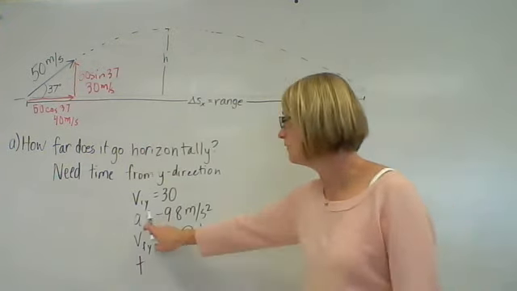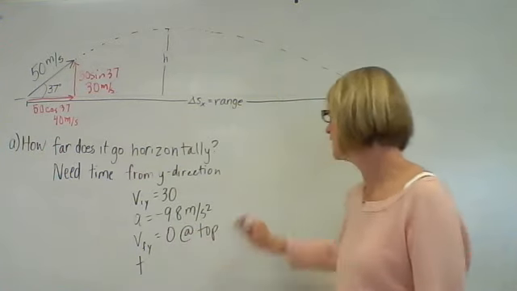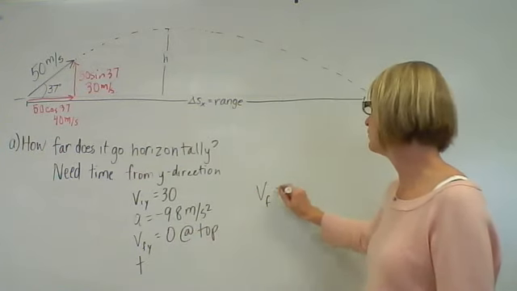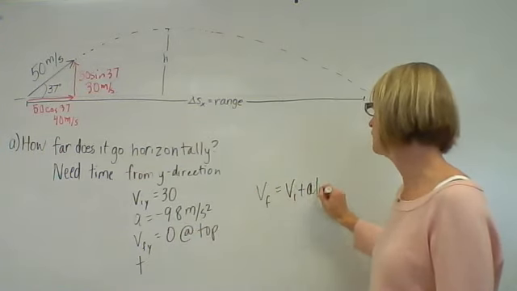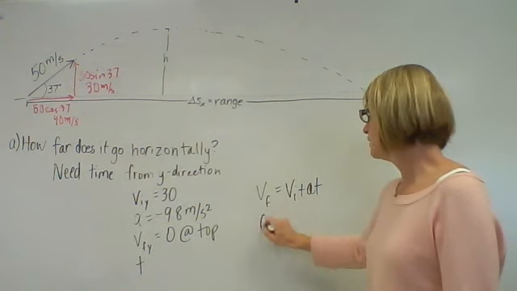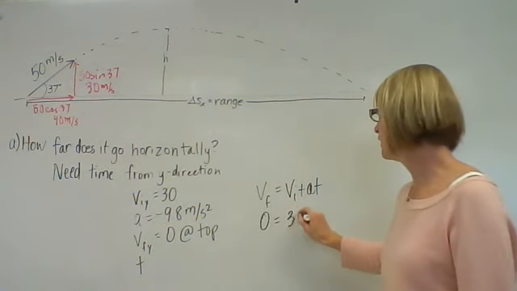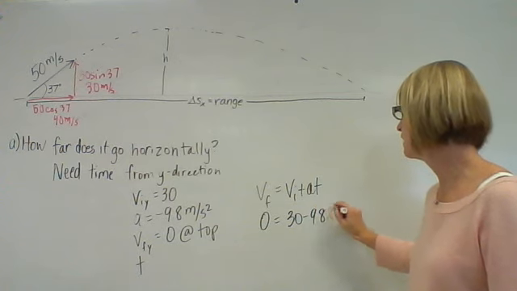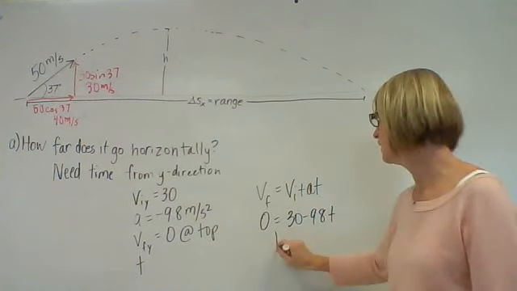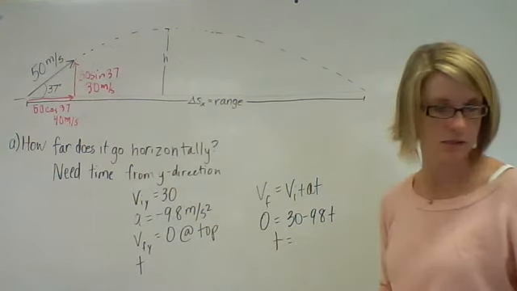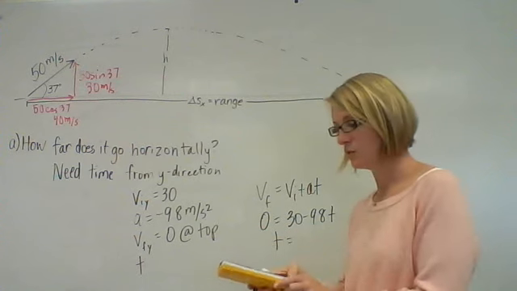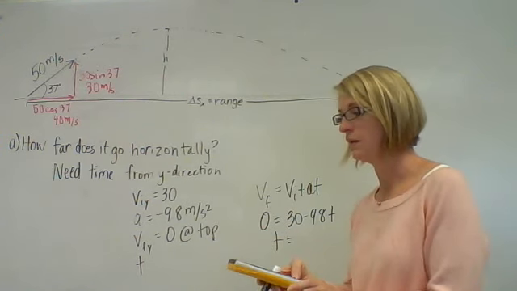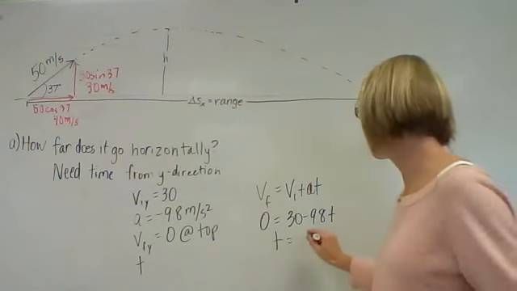I have Vi, A, Vf, and t, which means I can use Vf equals Vi plus At. 0 equals 30 plus A, but that's really minus 9.8 times t, and t comes out to be just over 3 seconds. I can do 30 divided by 9.8, gives me 3.06 seconds.